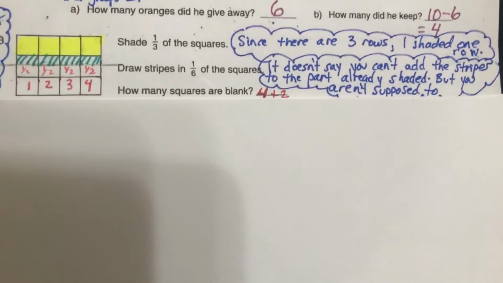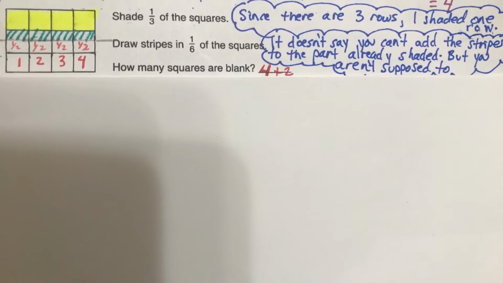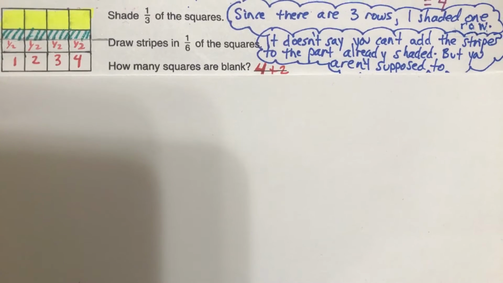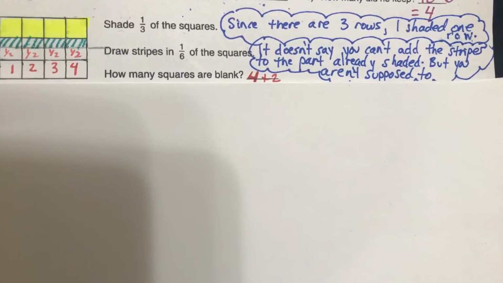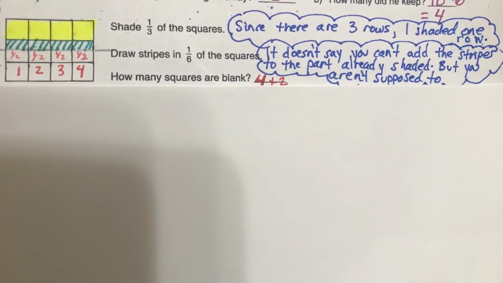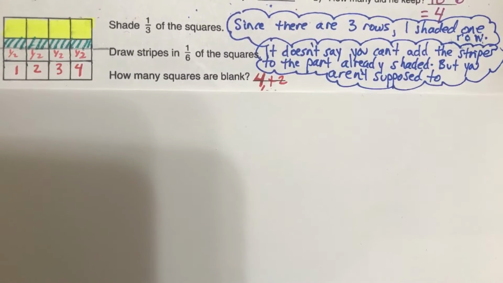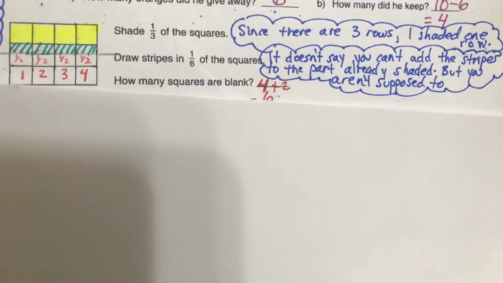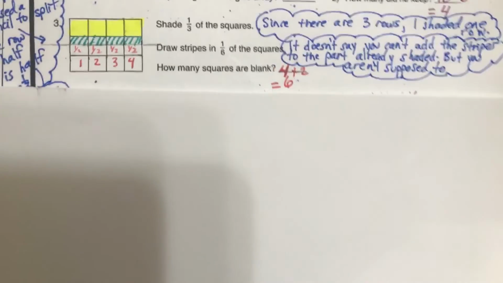It doesn't say that you can't add the stripes on top of the part you already shaded. It's kind of understood, but I hope that you've done your stripes in a different part of the boxes than you did your highlighting. Okay, so you can take a look at my answer for how I figured out the answer is 6.